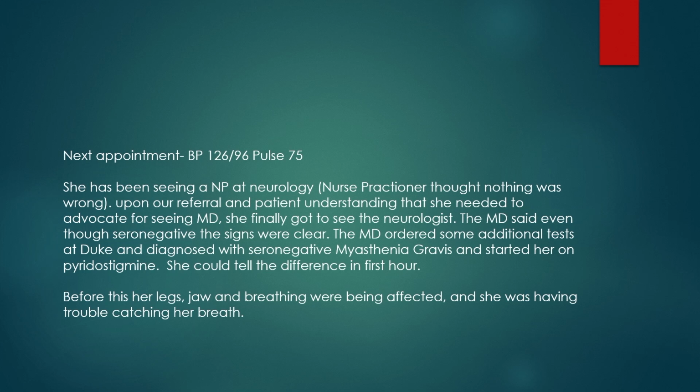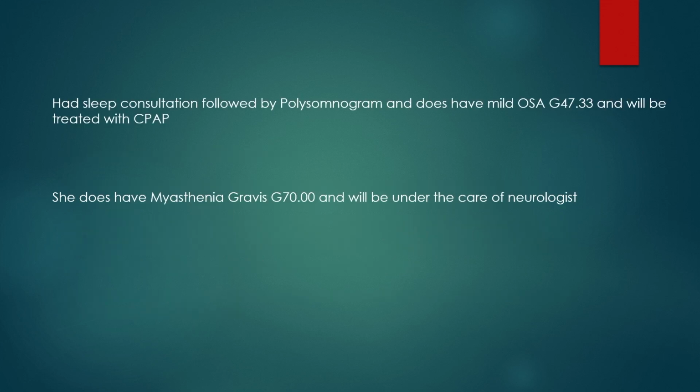So once she got in to see the neurologist, she did have myasthenia gravis. So that explains the tired feeling. The reason I bring this up is sometimes people will present with tired, achy muscles, and it might be something else. So just keep your eyes open for what's going on.